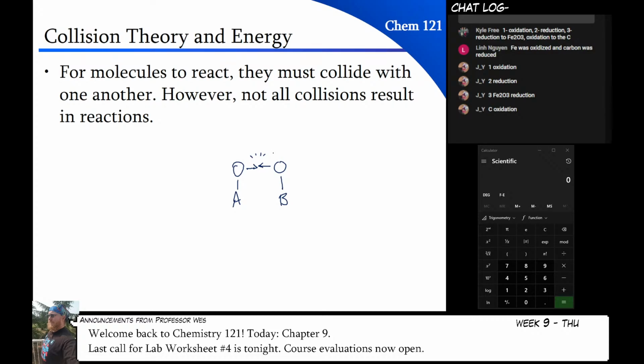And that encounter typically involves a very high velocity collision, where A rams into B at blistering speeds. And one of 2 results may occur. So the first result is that A bounces off of B and nothing happens.